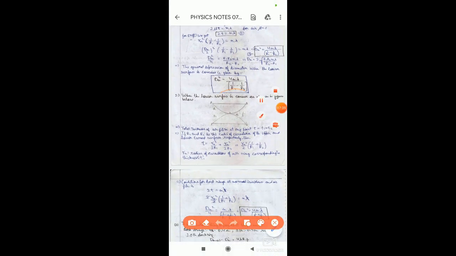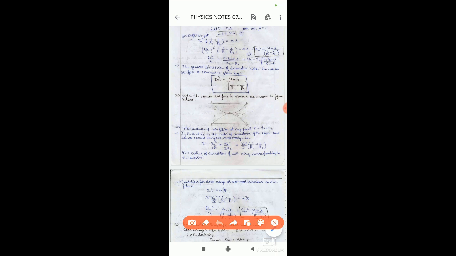Similarly, when the lower surface is convex, that is, if both the surfaces are convex, as shown in figure, what happens? The total thickness of the air film at any point becomes T equal to T1 plus T2.